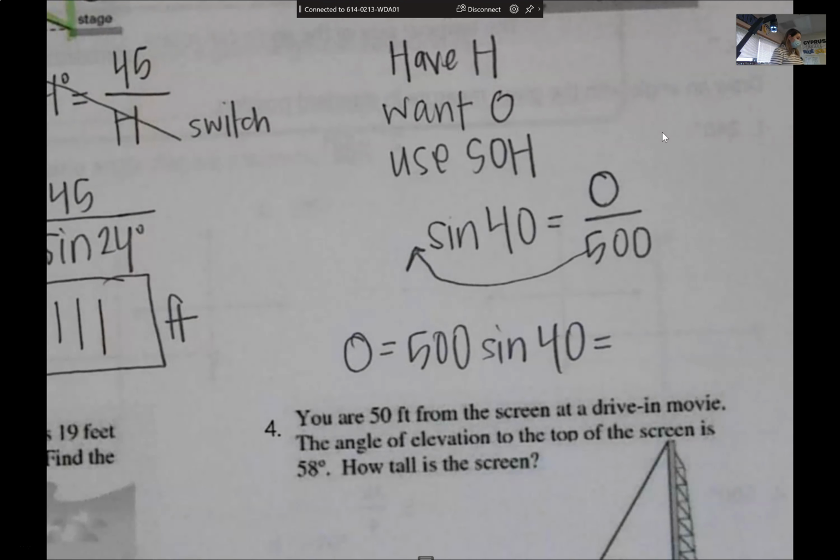So you guys plug that into Desmos just to verify that you're rounding correctly. Round everything to the nearest whole.